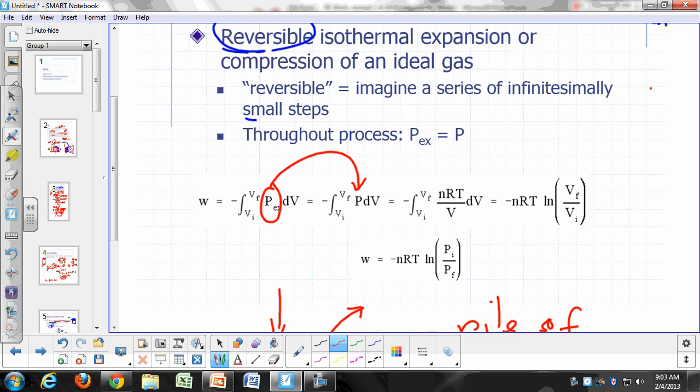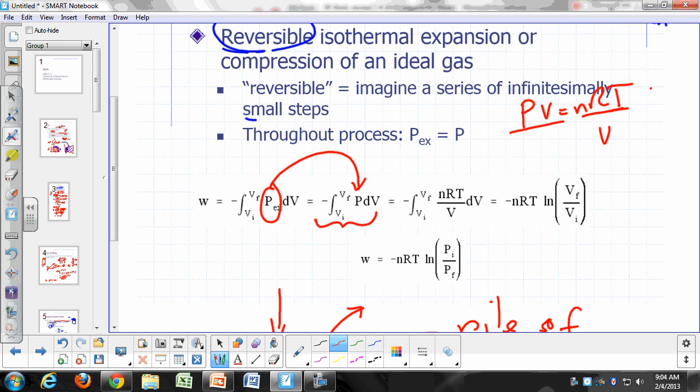So we are going to replace it by the pressure of the gas. This expression is equal to the work only if you're doing a reversible process. So instead of writing P external, you can write the pressure of the gas in your formula. But what's the pressure of the gas for an ideal gas? PV equals nRT. How do I solve for P?